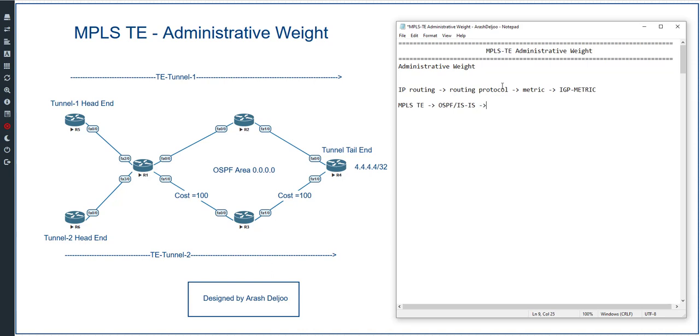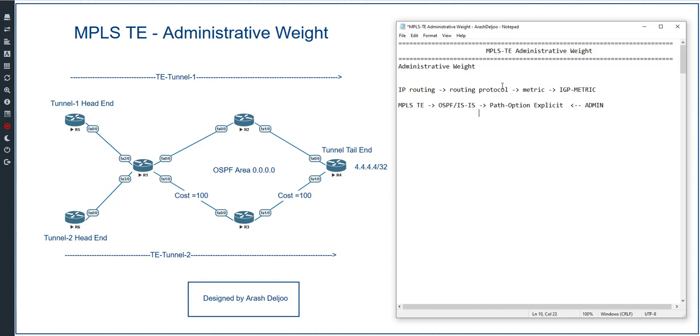For example, when you are configuring the path option explicit, you know that in the explicit path option, as I configured before, only the administrator can choose the best path. This means that the administrator should manually configure the path of a tunnel.